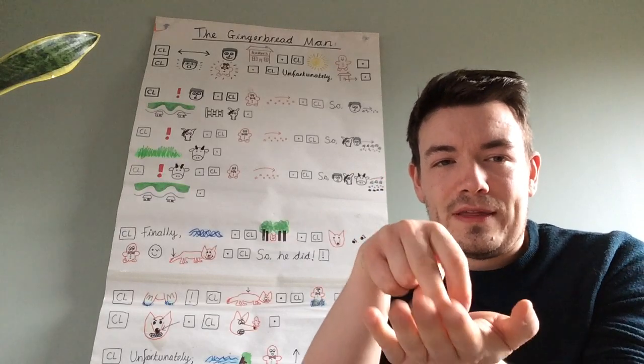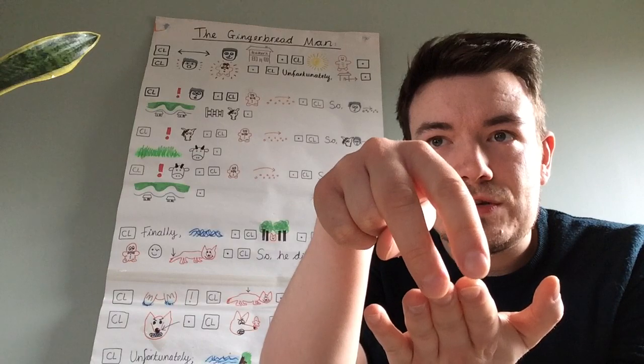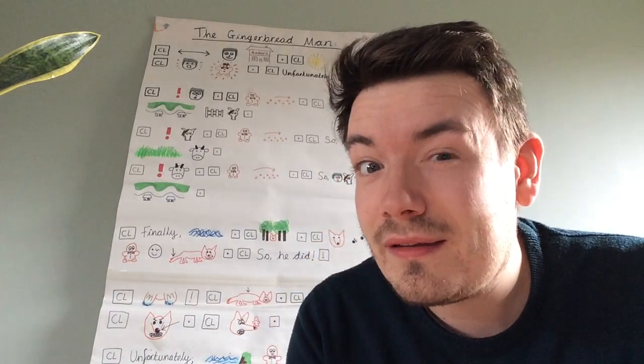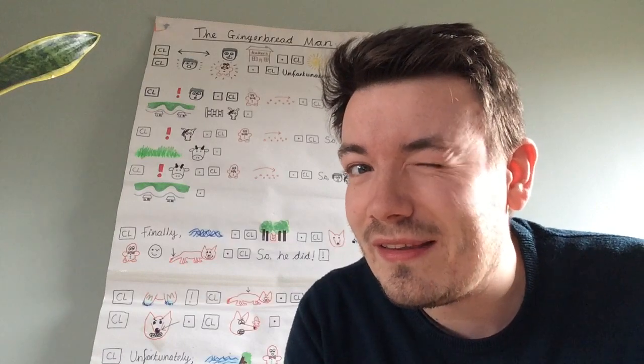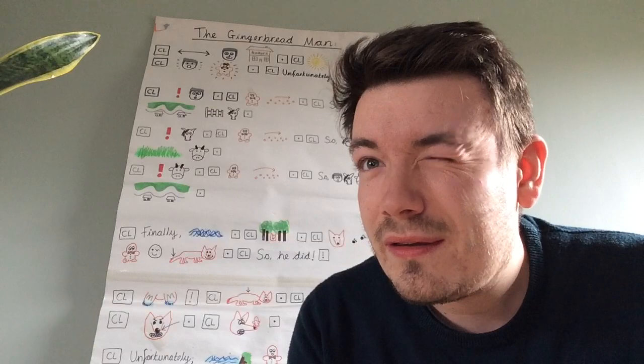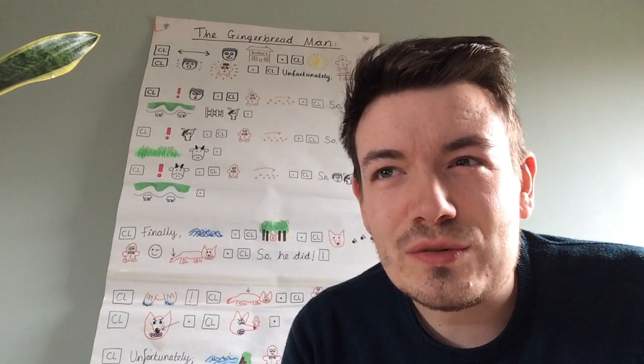So I'm going to go maybe like this. I'm going to crept up to the gingerbread man and said with a little wink, this is how I wink one of my eyes, like this, and said with a little wink, quick, quick, little gingerbread man.